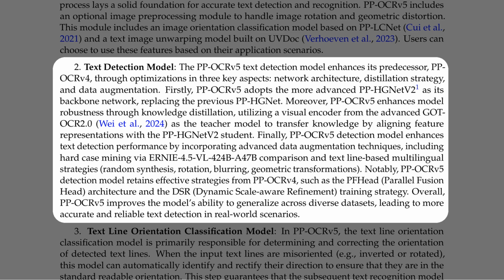2. Text detection model. The PaddleOCR v5 text detection model enhances its predecessor, PaddleOCR v4, through optimizations in 3 key aspects: network architecture, distillation strategy, and data augmentation. Firstly, PaddleOCR v5 adopts the more advanced PP-HGNetV2 as its backbone network, replacing the previous PP-HGNet.